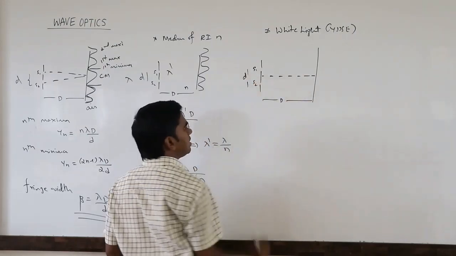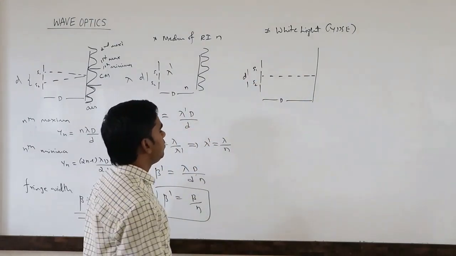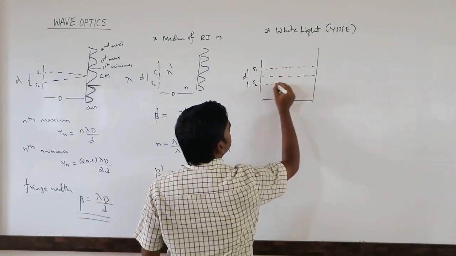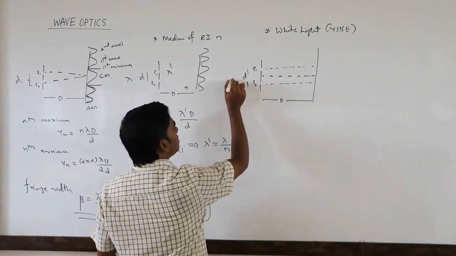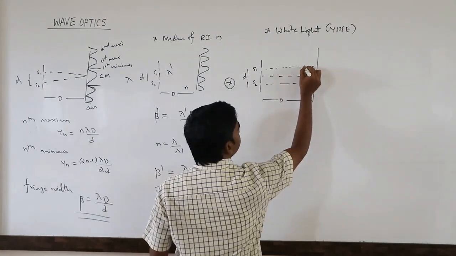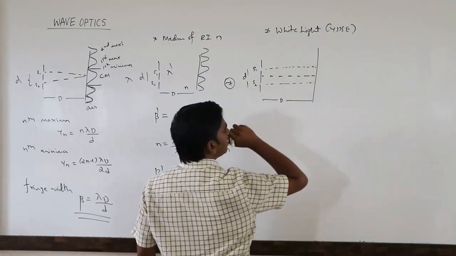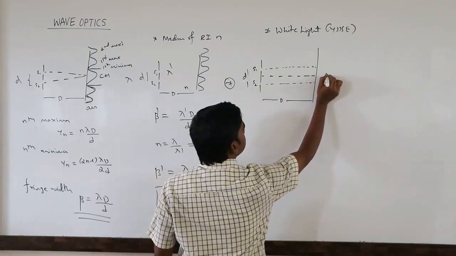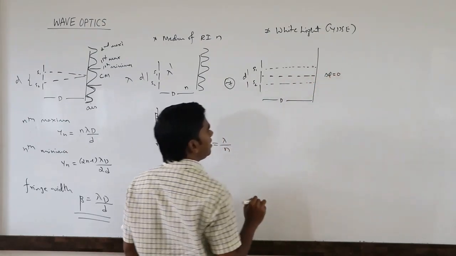If we use white light, at the center all 7 wavelengths reach at the same time, because the distance traveled is the same. So there is no phase difference.